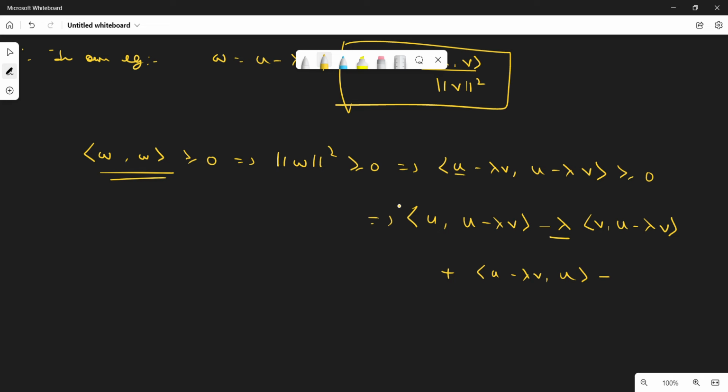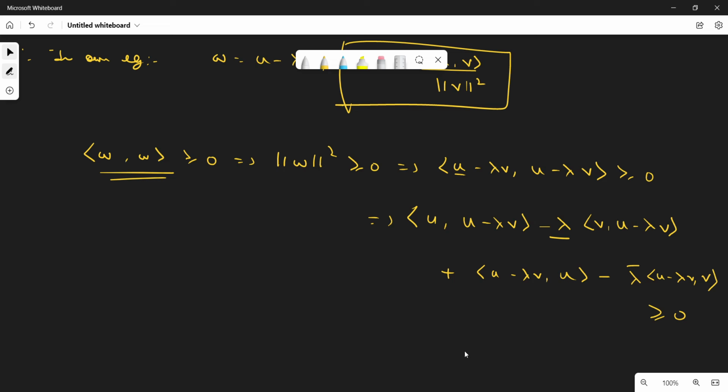Then you take minus the conjugate. So from lambda you take lambda bar, right? Is it clear? So you have here lambda bar times the inner product of u with u minus lambda v, greater than or equal to 0.